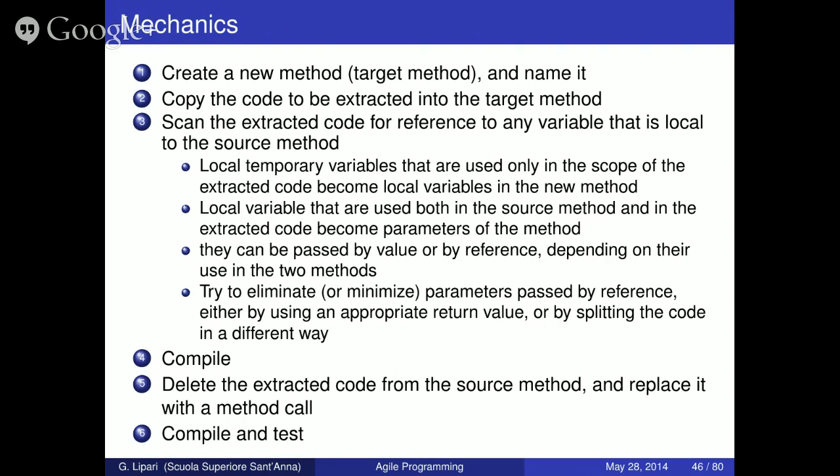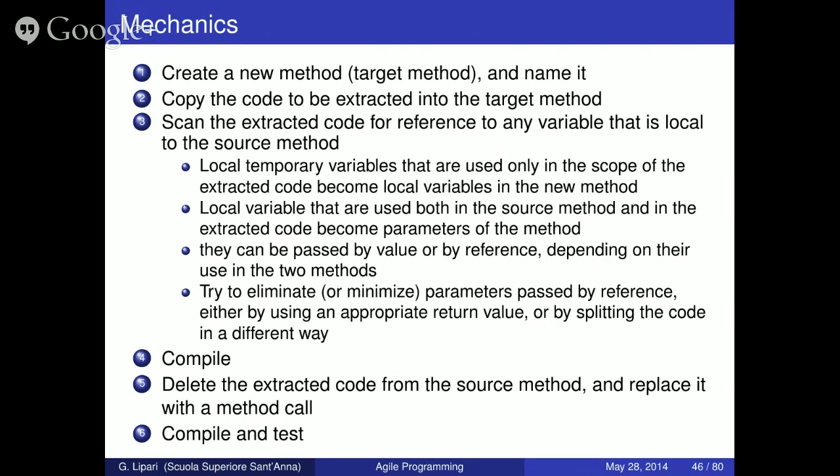And of course, they can be passed by value or by reference, depending on the use. Then you try to eliminate or minimize the parameters passed by reference, either by using an appropriate return value or by splitting the code in a different way.